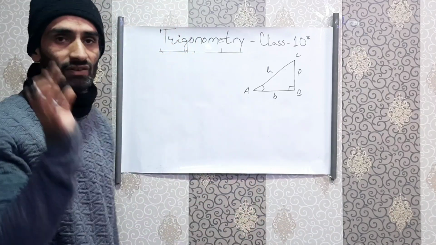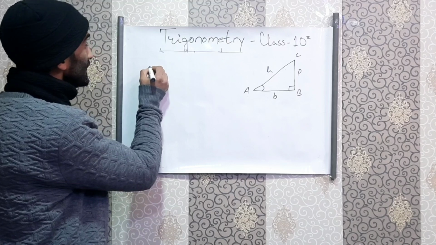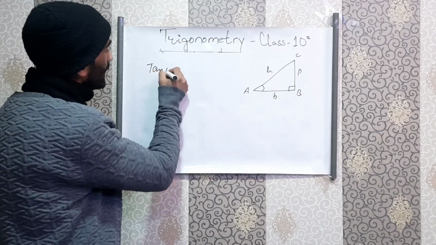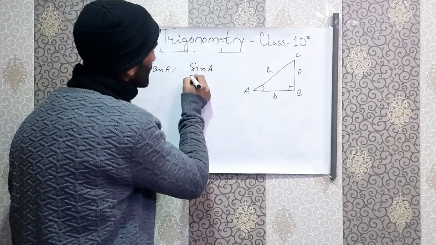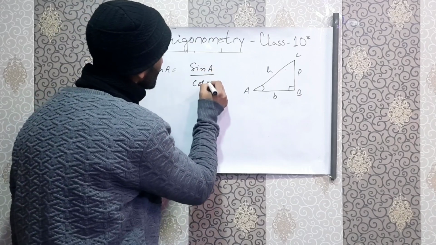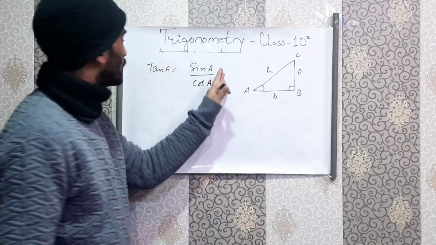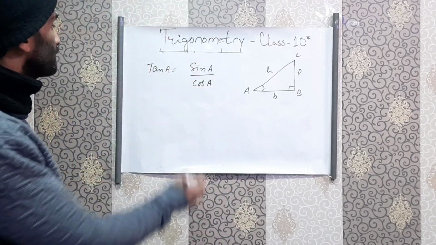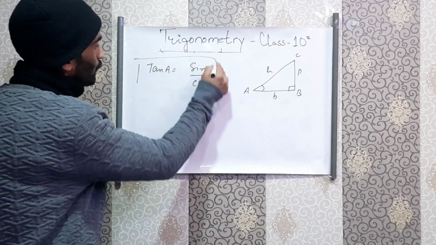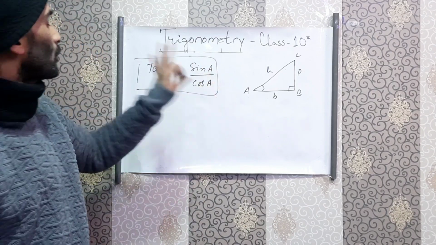And now one more thing we have to keep in mind, that tan A is equal to sine A by cos A. Just see here how it is. We need to prove it. How can we prove it?